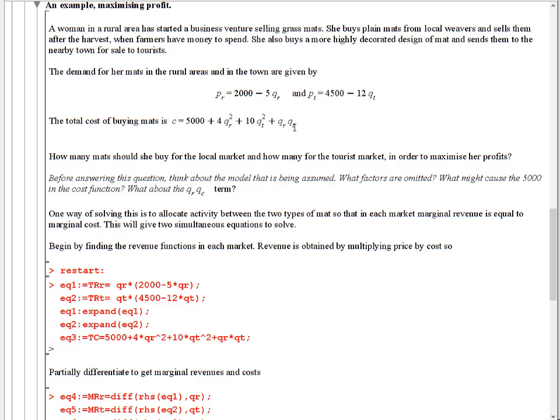Except this modifies it a bit. This says that if she sells lots in the tourist market, then that makes it more expensive for her. It increases the impact from adding to the sales in the rural market and vice versa. So there's an interaction effect, and you'll see this again in econometrics, an interaction effect between these two things.